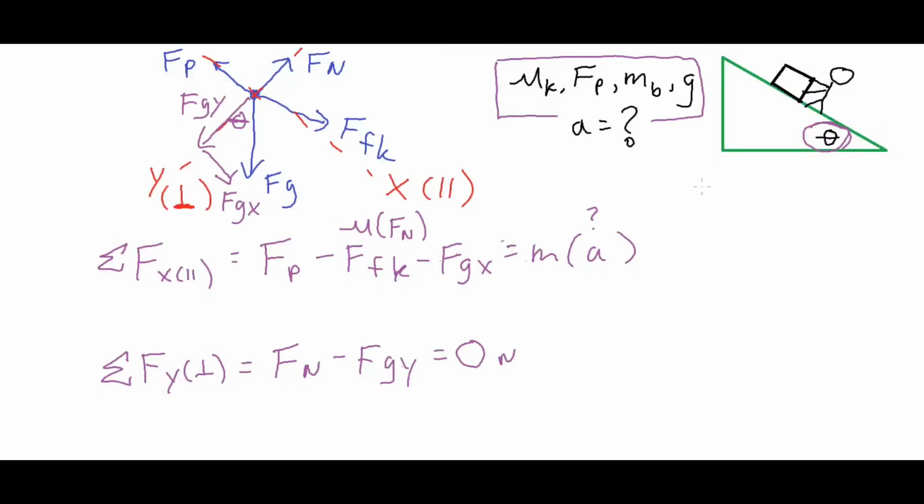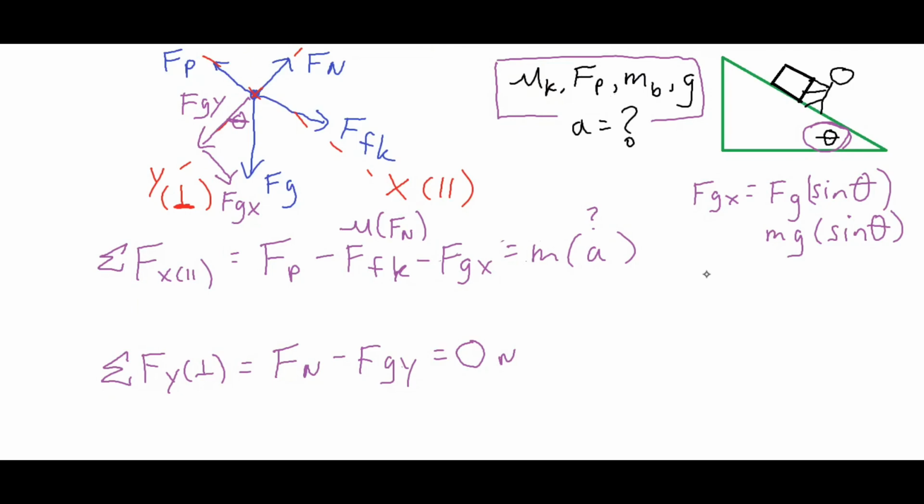So if you look opposite of theta, that's where my Fgx is at. So Fgx ends up being Fg sine theta, which we're going to rewrite as mg sine theta, because we know Fg is mg.